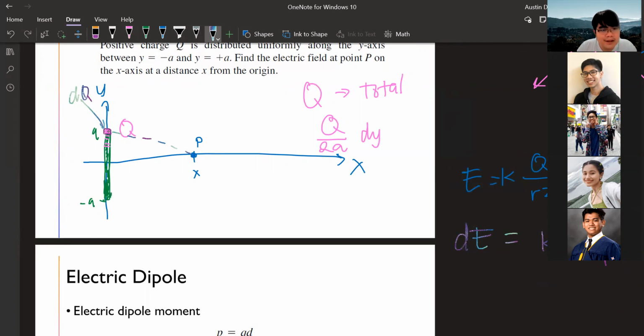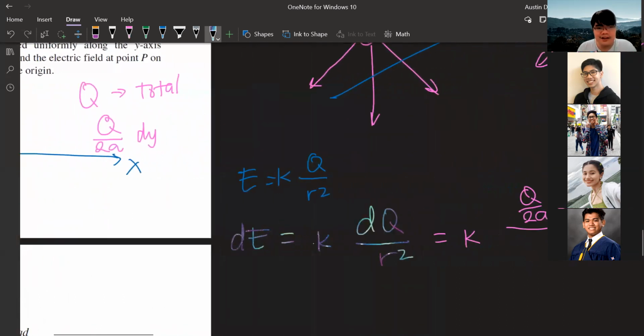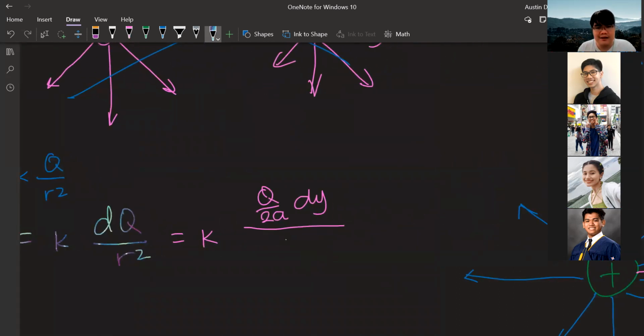So pag gumalaw yung small bit mo, as it goes from A to negative A, or the other way around, magbabago rin yung R mo. Di ba? So yung R dapat, in terms of variable. Okay. Dapat pare-parehas ng kulay.